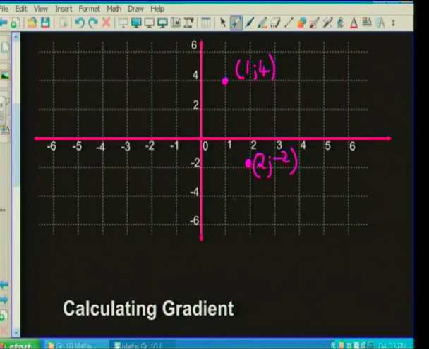To calculate the gradient, it's the change in y over the change in x. You don't need to write the formula down every time, but there it is if you want it.